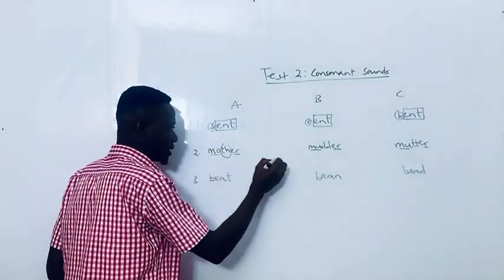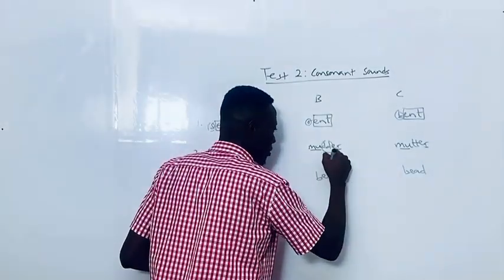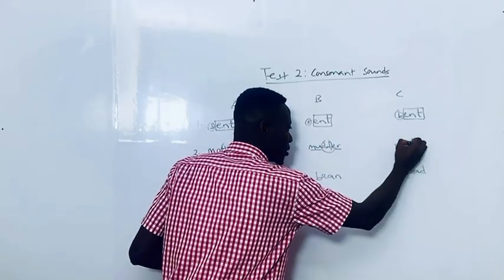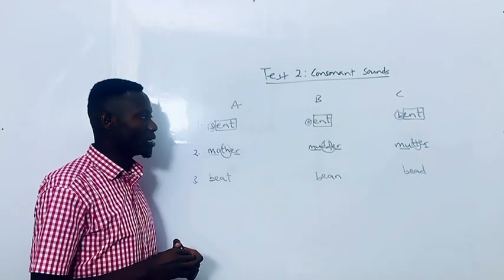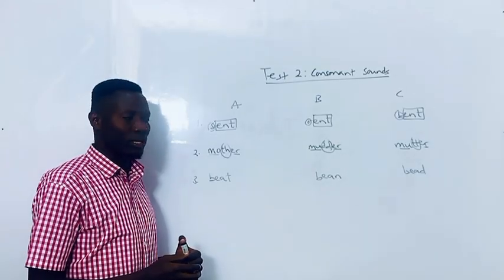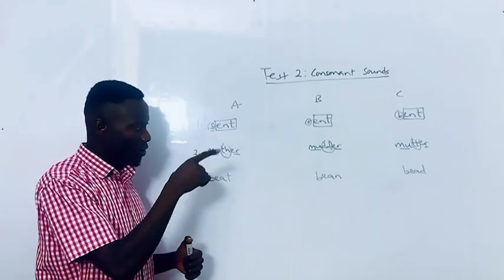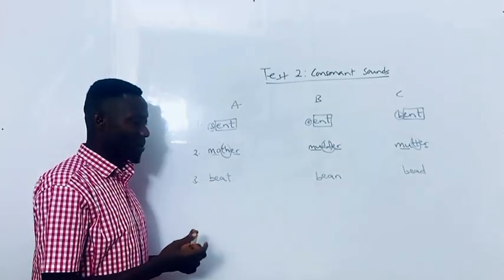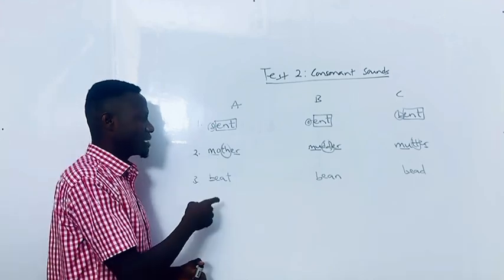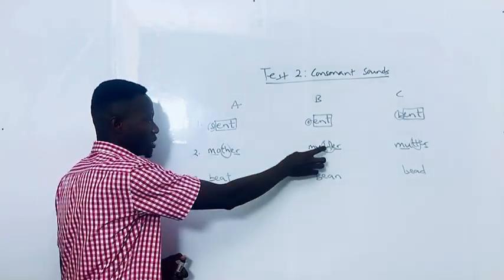So let me circle that. And then this one. So suppose the speaker says matter. We're going for the last one. And if the speaker says mother, we're choosing this one.